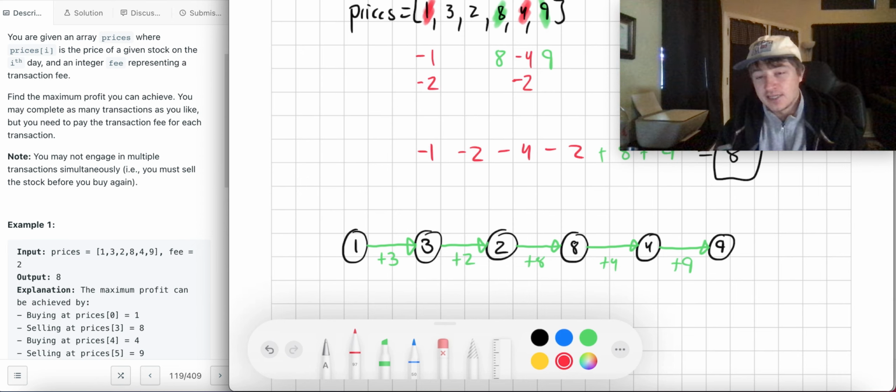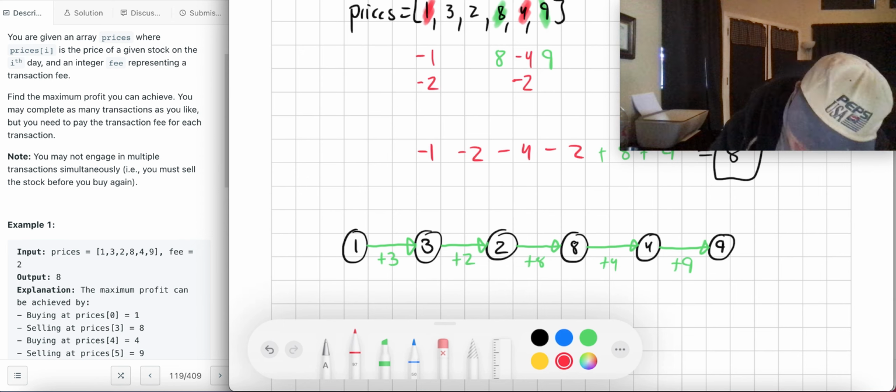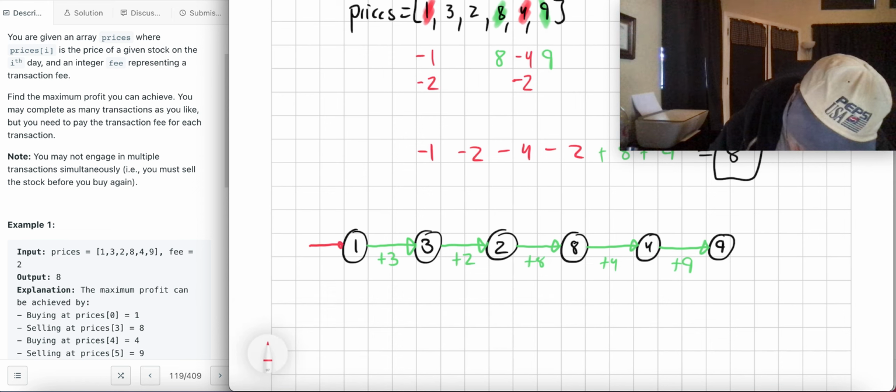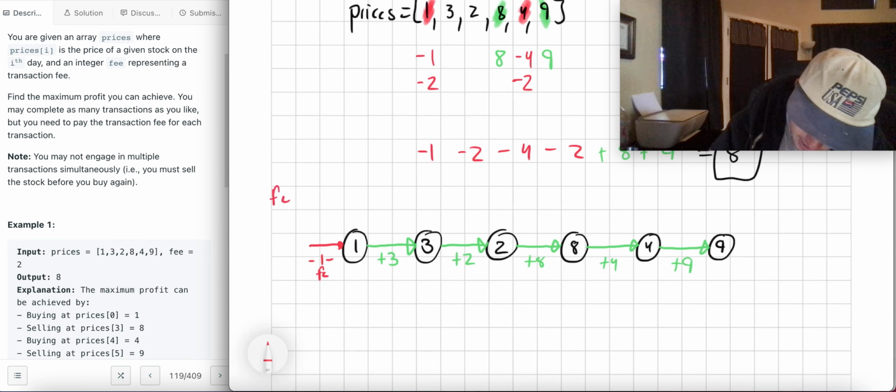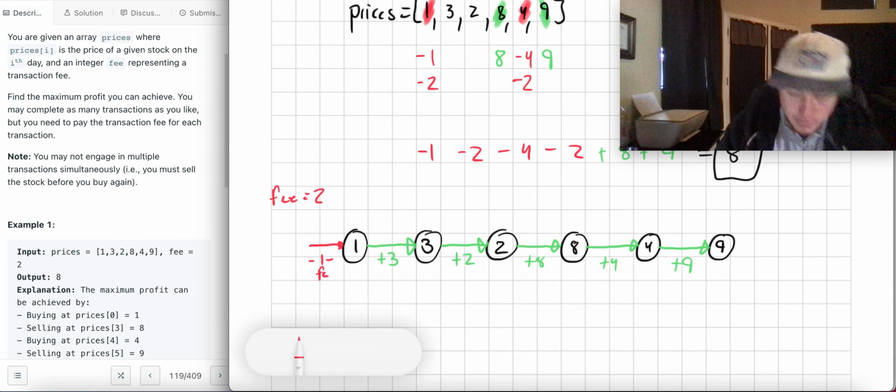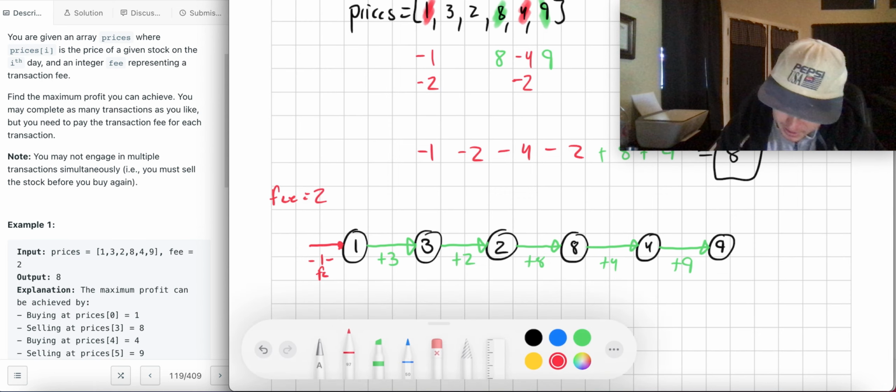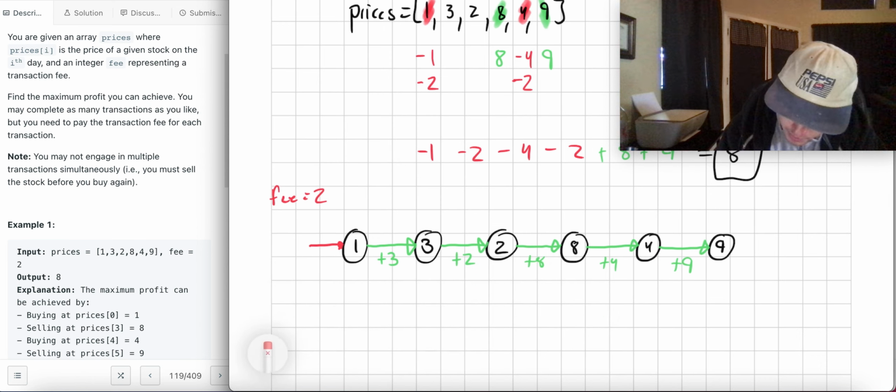And if you thought about the edges of buying the stock, where if I bought the stock on day 1, I'd lose $1 and I'd lose the fee. So let's just say that fee equals 2, so I don't have to write minus fee. Just know that when I do -2 here, I'll just put -3 here.